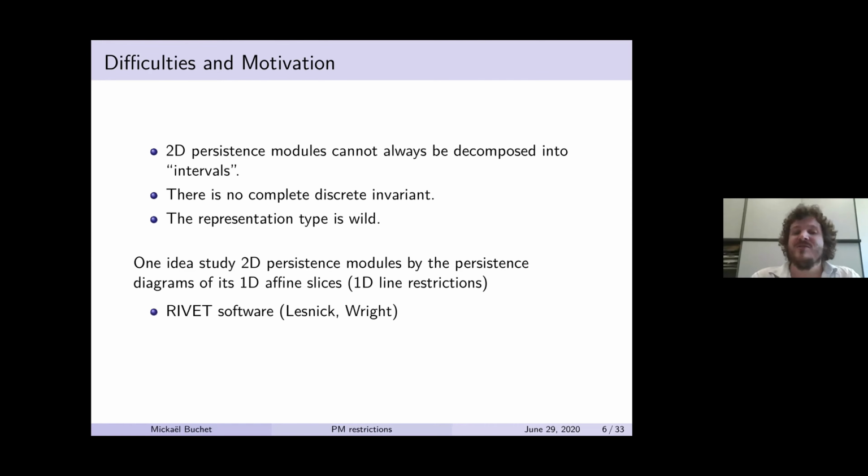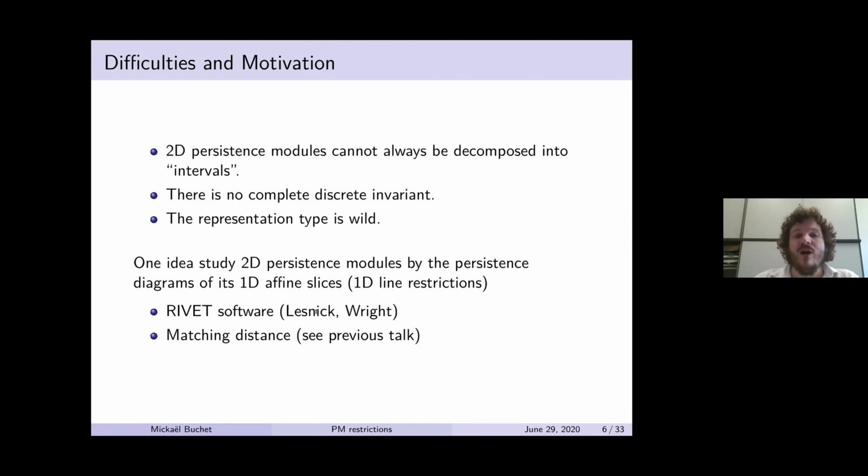The first thing that motivated us to look at this problem was the RIVET software from Michael Lesnick and Matthew Wright, where they provided a software to visualize the structure of 2-dimensional persistence modules using this restriction along one line and various tools. Or, as we just saw with Arnaud's talk, we can do an efficient computation or approximation of the matching distance relying on these slices.